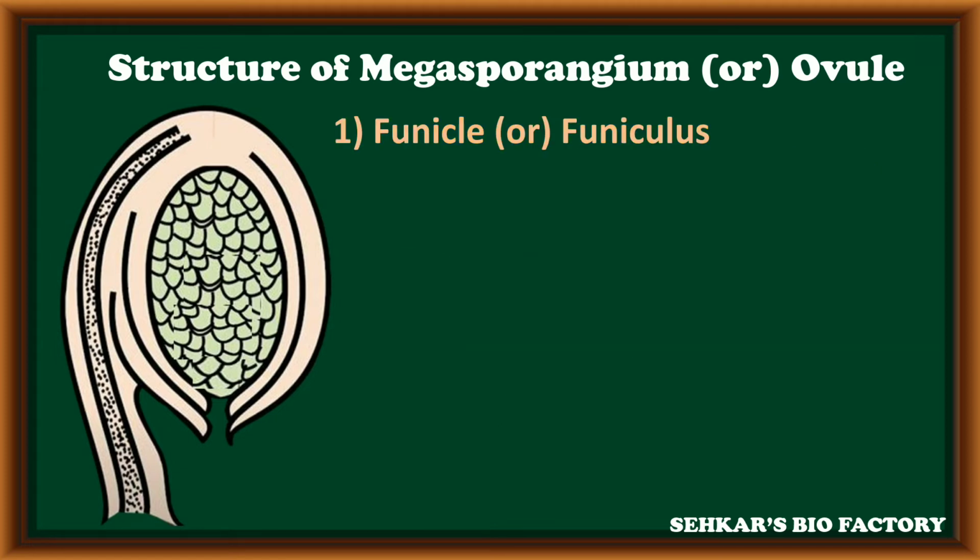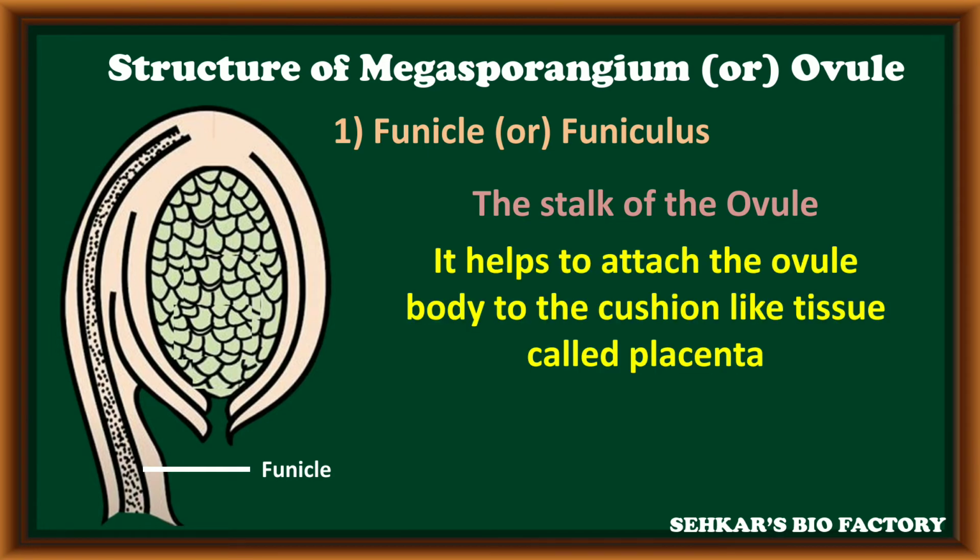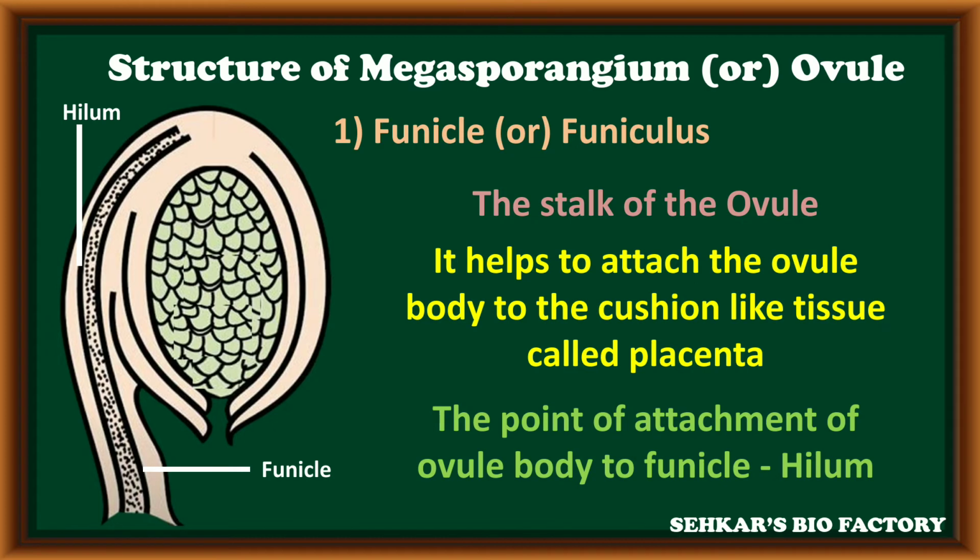The funicle or funiculus is a long stalk of the ovule. This long stalk helps to attach the ovule body to the cushion-like tissue called placenta. The point where the ovule body attaches to the funicle is called hilum. Hilum is a junction in between funicle and ovule body.